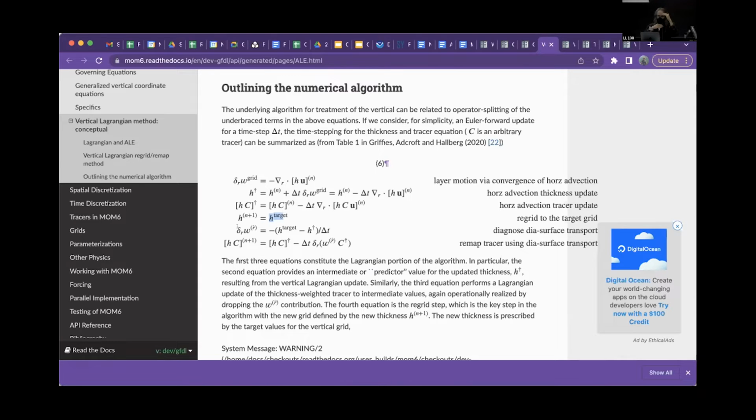So that just changes the grid. It doesn't change your state. And that step was, for me, the hardest step to conceptualize. The state of the ocean, according to this method, is not evolving when you do the regrid remap stuff. The regrid remap stuff is just changing the grid and changing where in the fluid you are representing the fluid.